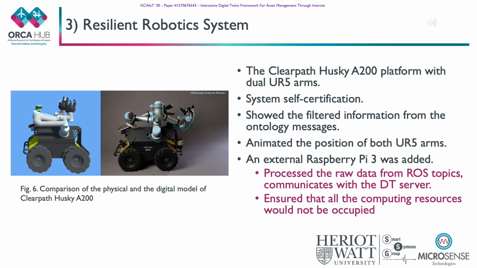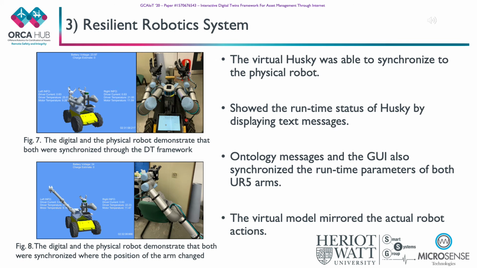This Raspberry Pi worked as an edge computing device to process the raw data from the ROS topic and communicate with the central server. The use of this additional device ensured that all the computing resources would not be occupied when extra tasks were added to Husky.